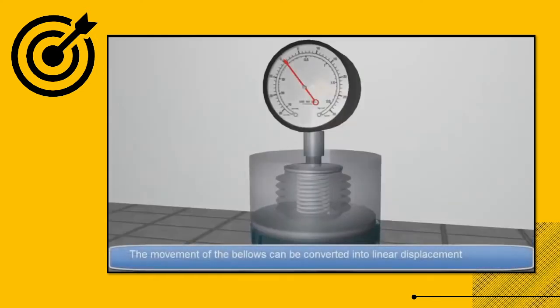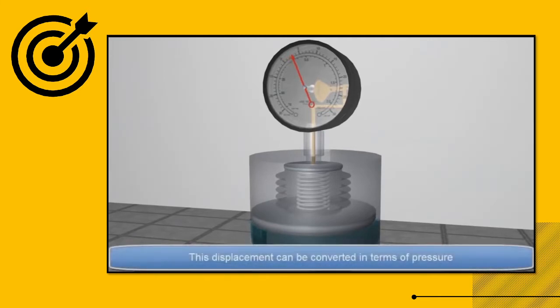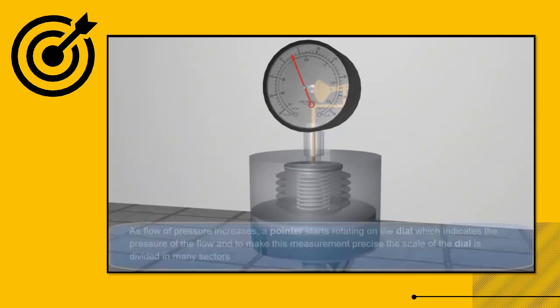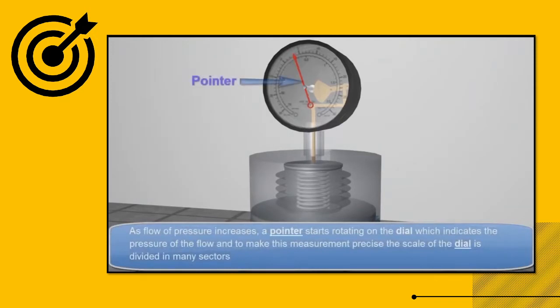The movement of the bellows can be converted into linear displacement. This displacement can be converted in terms of pressure. As flow of pressure increases, a pointer starts rotating on the dial, which indicates the pressure of the flow.